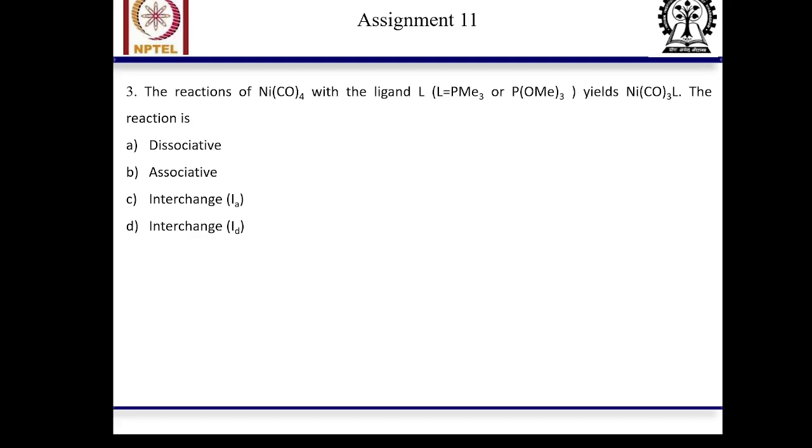Can you tell what is the reason why you are saying that it will be dissociative only? Why not associative or interchange?